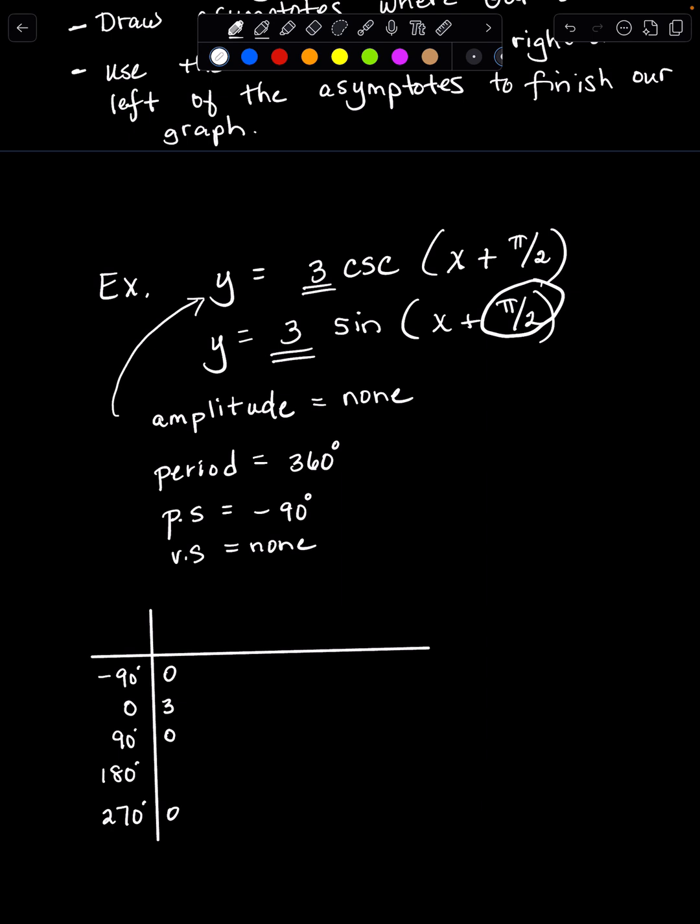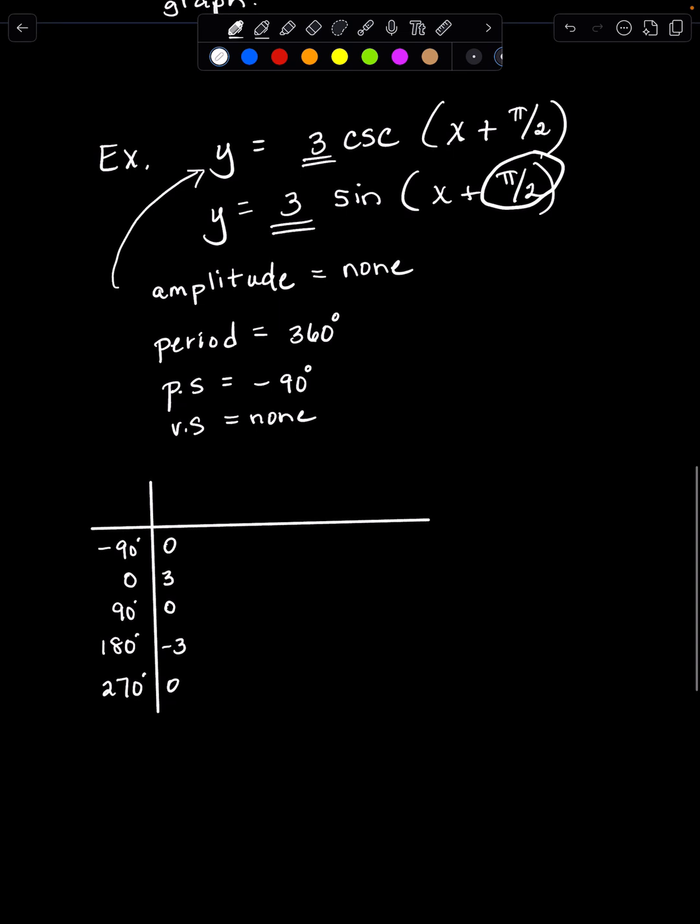And then my negative 1 becomes negative 3, because negative 1 times 3 is negative 3. All right, so this is x, and this is 3 times the sine of x plus 90. Okay, so I've got that. That's what this graph is going to look like.